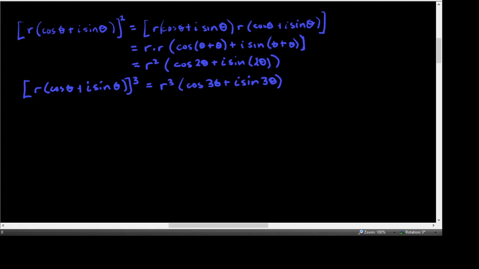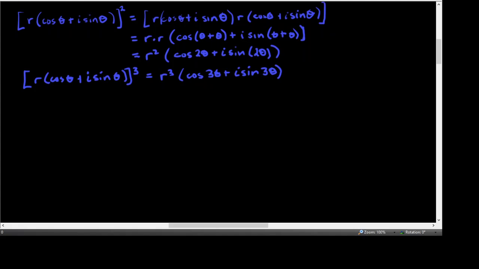So what we can glean from this is that raising a complex number in polar form to a power is actually quite easy.